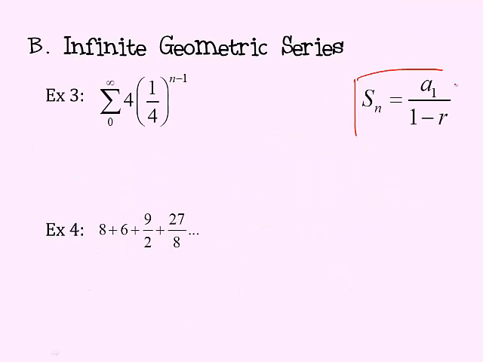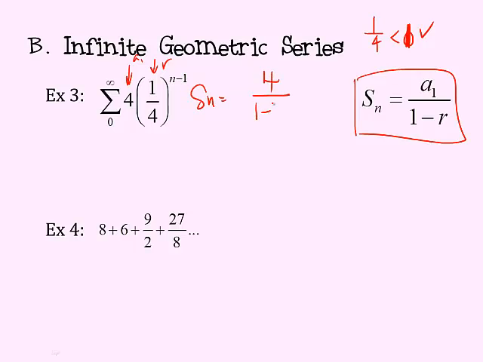Okay, here's the formula if I can use it. First, let's look and see, does it diverge or converge? Well, here's a sub 1, and here's r. r is 1/4, absolute value, that is 1/4, and it is less than 1, so it will converge. So I'm going to use my formula. So I have 4 over 1 minus 1/4.